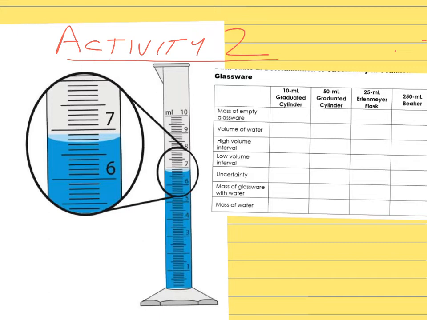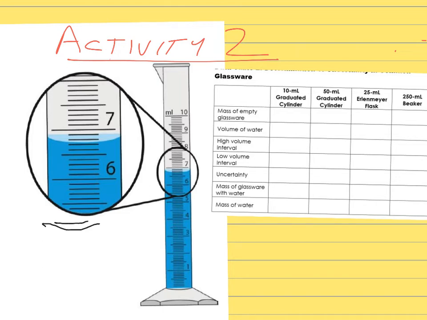Now, when you read a graduated cylinder, you'll notice that the water lies along a little curve. Because this is a perfect illustration, it looks like a big old curve. In reality, your curve, particularly in the larger graduated cylinders, is going to be much milder, probably barely visible to the eye.